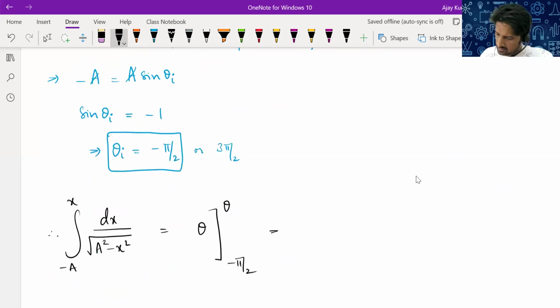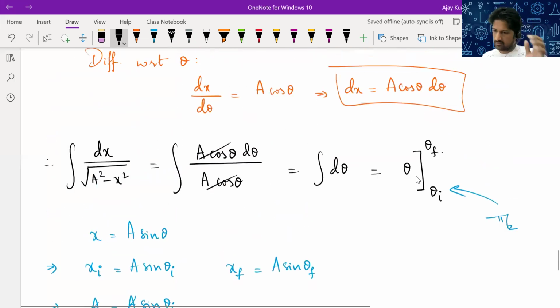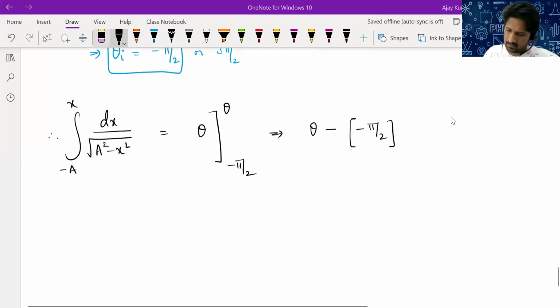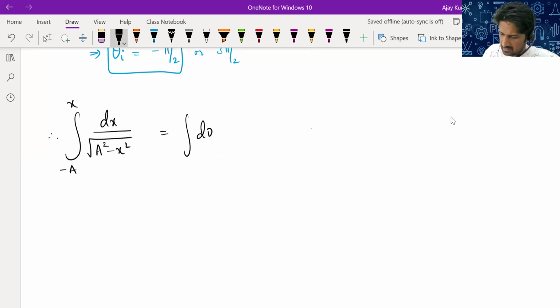Okay. Then how do you write this? You write this as theta, upper limit minus lower limit, minus pi by 2. Let us simplify this a little bit. We got this as integral d theta, which became theta itself, and we still have to substitute limits theta initial to theta final.